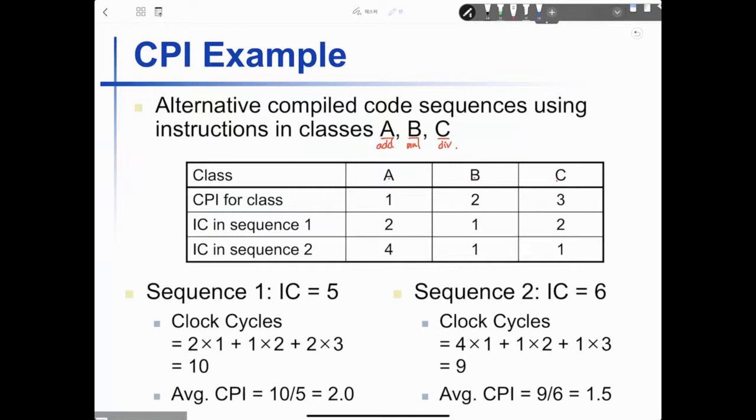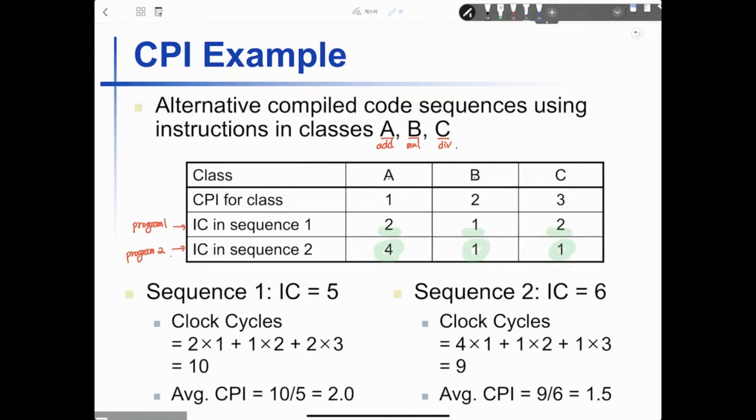And we also have 2 programs, program 1 and program 2. Program 1 has 2 additions, 1 multiplication, and 2 divisions. In the other program, addition is 4, multiplication is 1, division is 1.